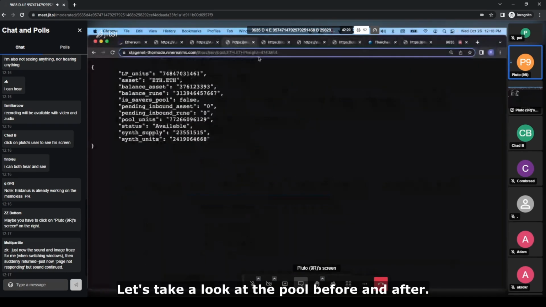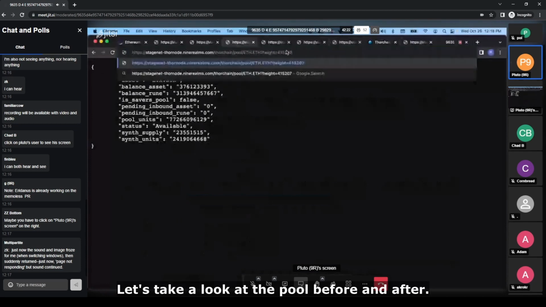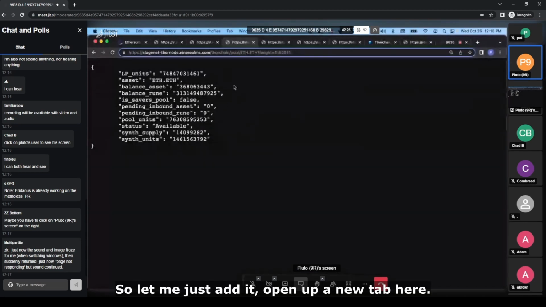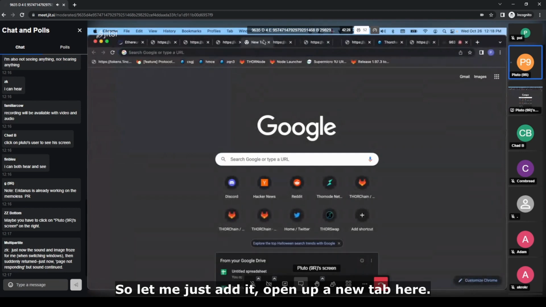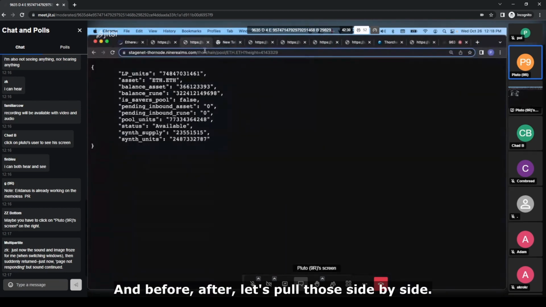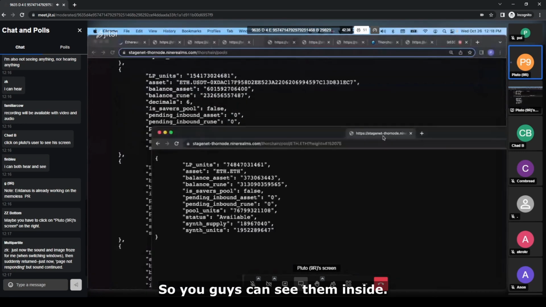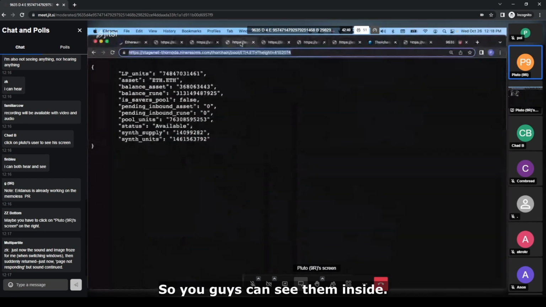Let's take a look at the pool before and after. So just open up a new tab here. And before, after, let's pull those side by side just so you guys can see them.